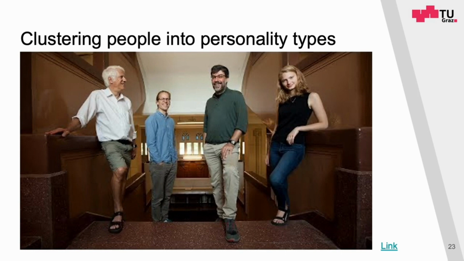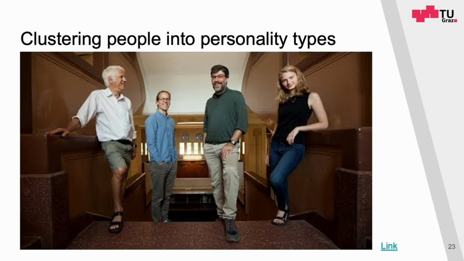What those four scientists basically did was they collected a bunch of survey data. So yeah, they interviewed a lot of people, or they made a test online where they basically asked all the questions about the Big Five.